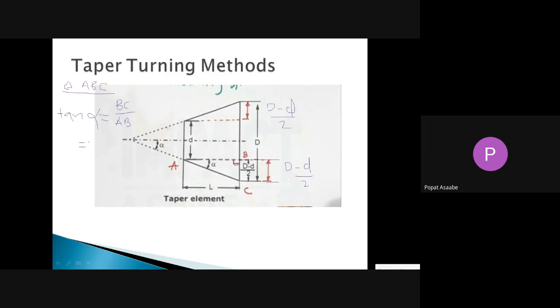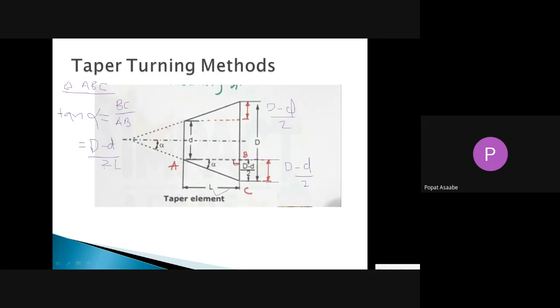So I am going to write here capital D minus small d divided by 2 for that BC. And for that AB, we can write the length L, so that we can write here 2L. समजलं काही कसं केलं ते?